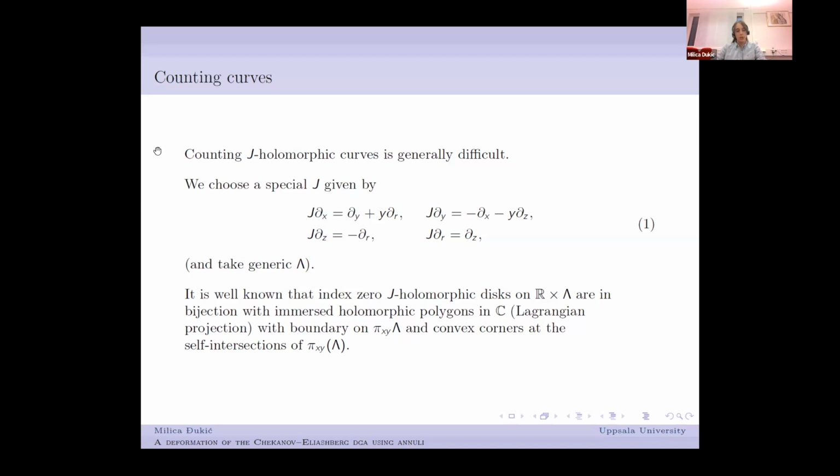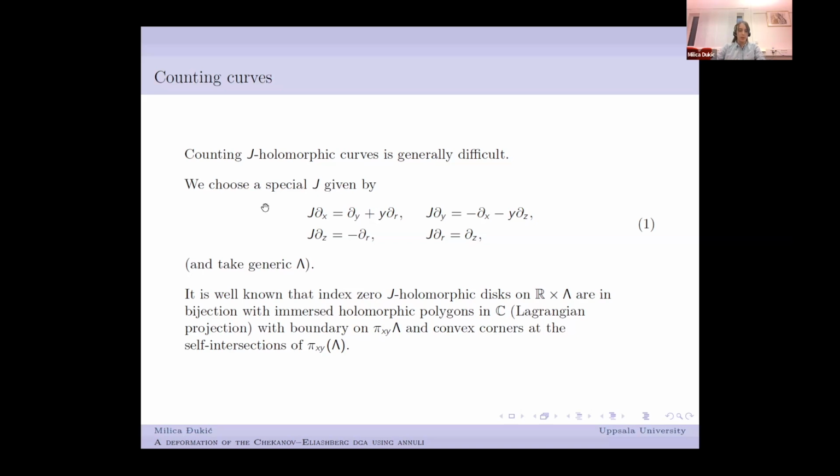So generally, if we take some almost complex structure J, counting these J-holomorphic curves is generally difficult, but we can choose a special almost complex structure given by this formula here and take a generic knot so that these moduli spaces are actually regular.